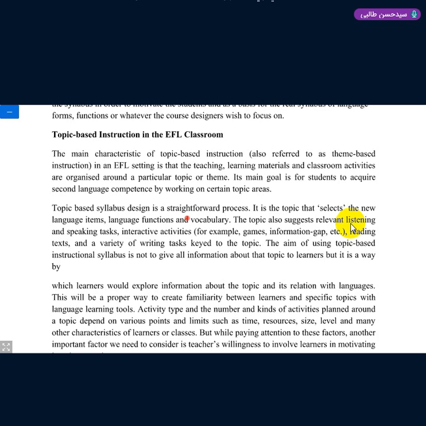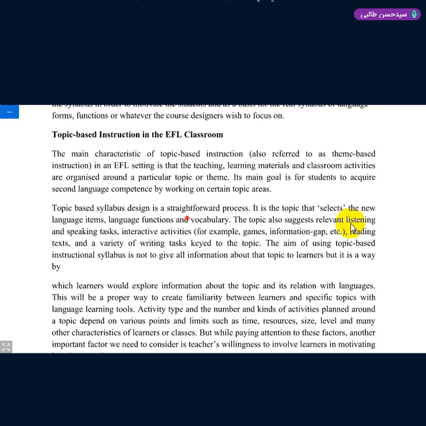For example, the topic can be the solar system, okay? A text will be selected on the solar system, and the grammar is based on that, the vocabulary, and anything that you would like to teach your students is based on the topic that you select. So based on the needs of your students, or your ESP students, you select some topics, and for that topic you select your material.